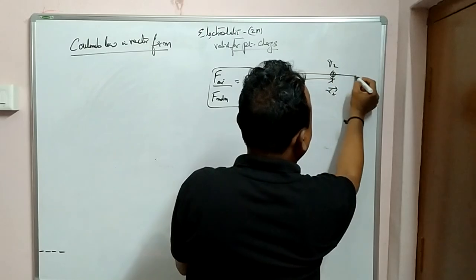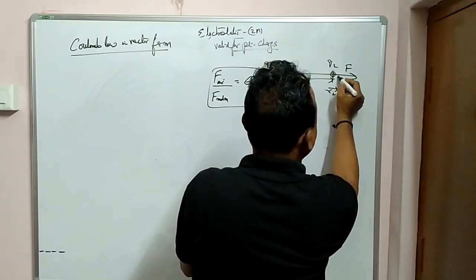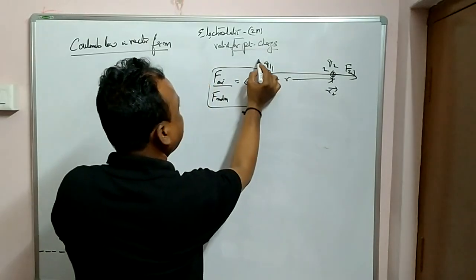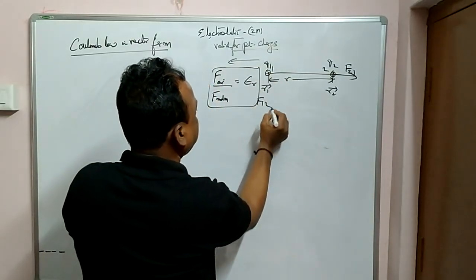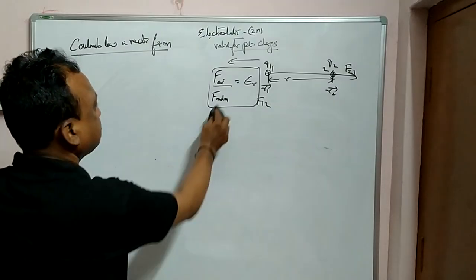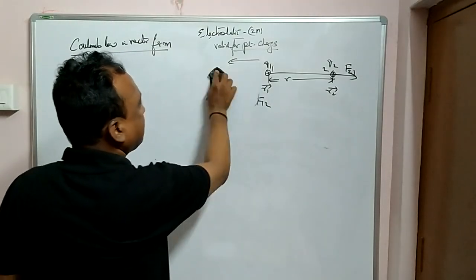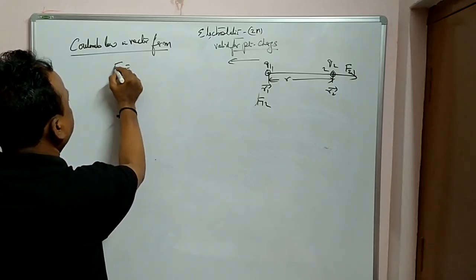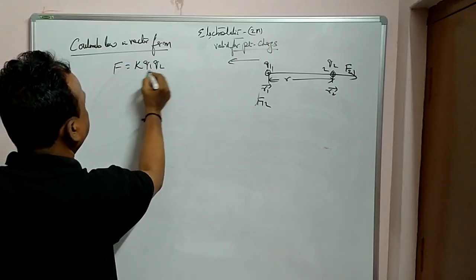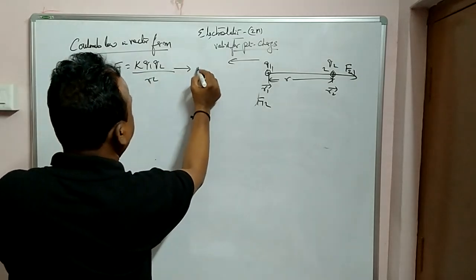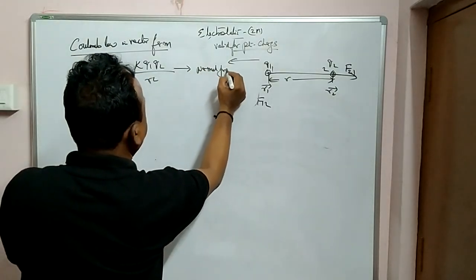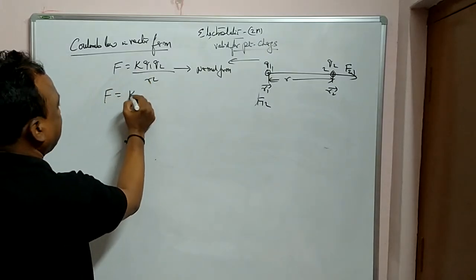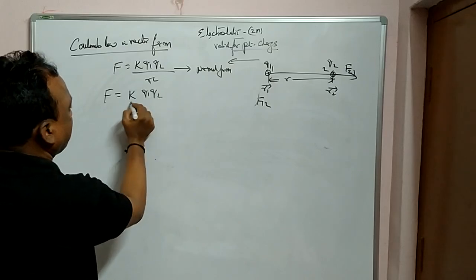Now the same thing as earlier you can apply. F2 is the force on the second due to the first, and similarly on this side, F1 is the force on the first due to the second. Now it is very easy to write in vector form. What is the normal form? F is equal to K Q1 Q2 by d square. This is the normal form. In vector form, it is very simple: K Q1 Q2 by distance.